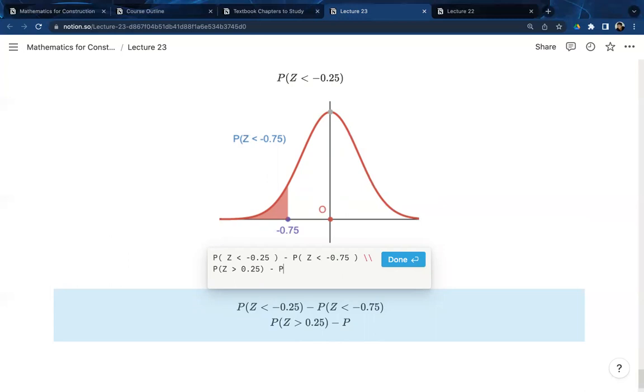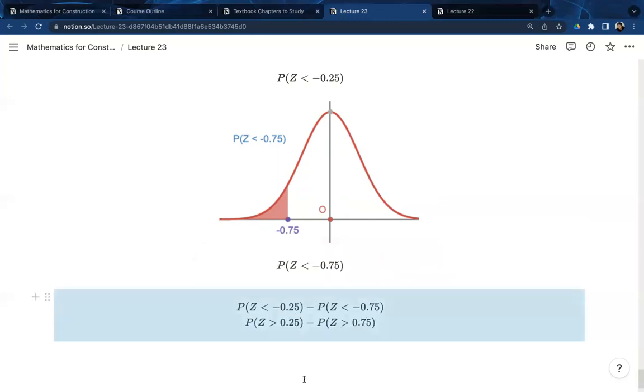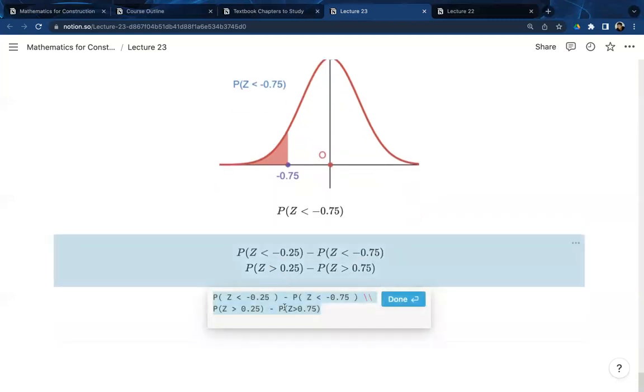And by similar reasoning, the probability that Z is less than negative 0.75 is the same as the probability that Z is more than 0.75. These two probabilities are equal by symmetry. Less than a negative value is more than the corresponding positive value. Now, each of these is a small probability.